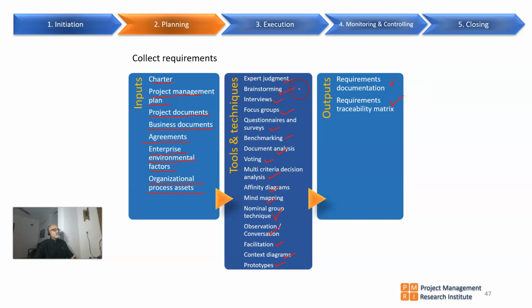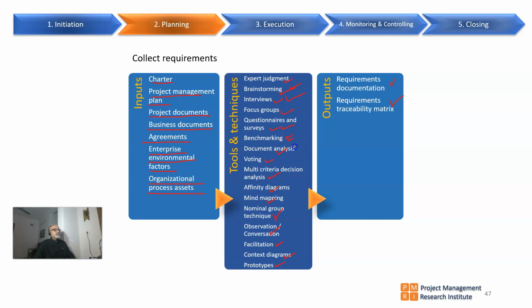Of these tools and techniques, the most widely used are brainstorming, interviews, and questionnaires and surveys. Benchmarking: I can compare my product with a better product and learn the requirements very fast.